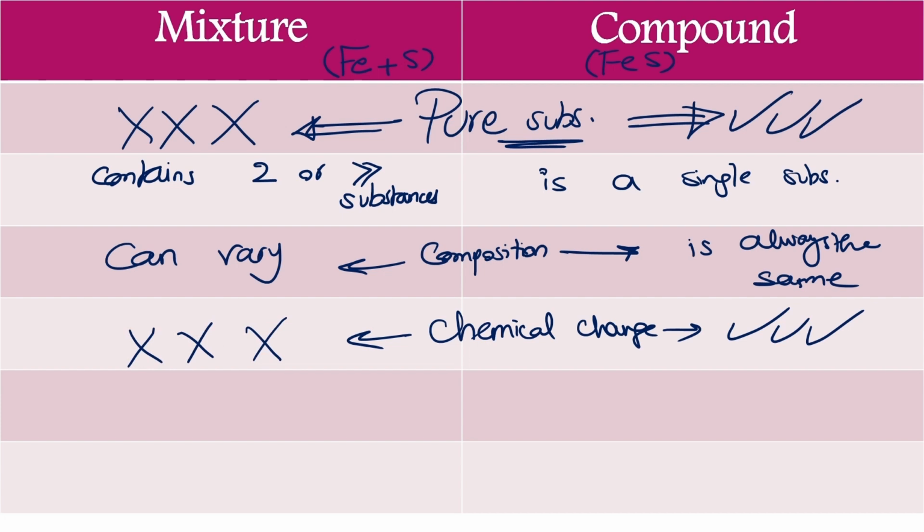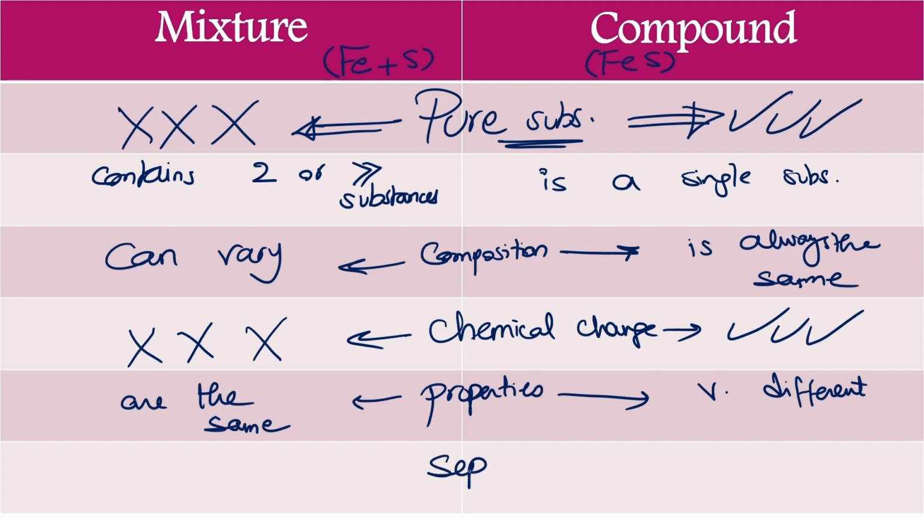What about the properties of the individual components? In a compound, the properties are very different from those of the component elements. What about the mixture? As we said, iron and sulfur still maintain the same physical properties. So the properties of the individual elements are the same.